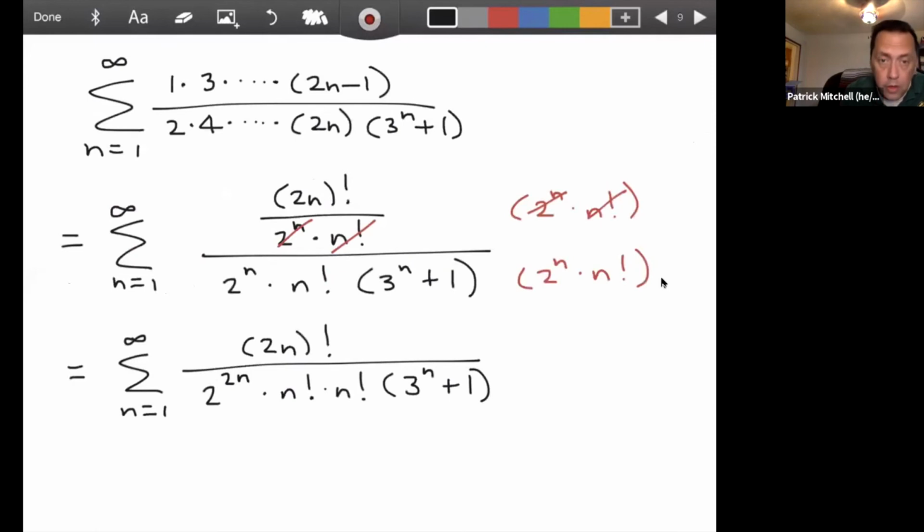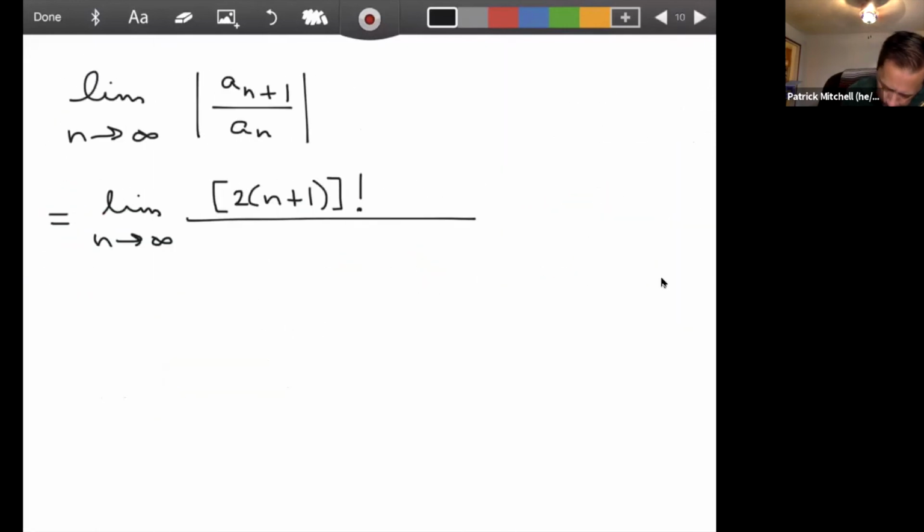2 to the power 2 times n plus 1 times n plus 1 factorial times n plus 1 factorial times 3 to the power 3 to the n plus 1, add 1.